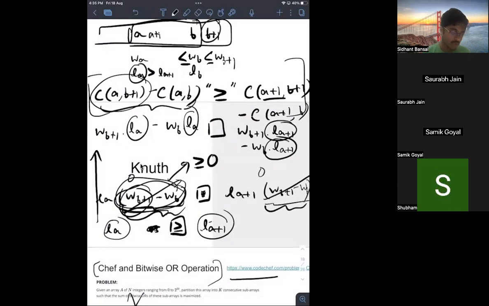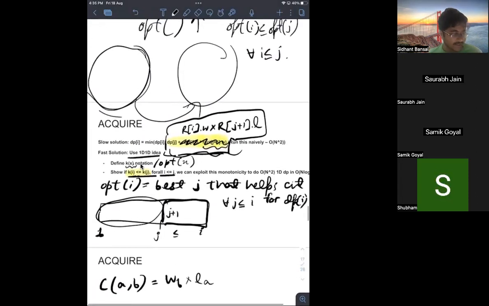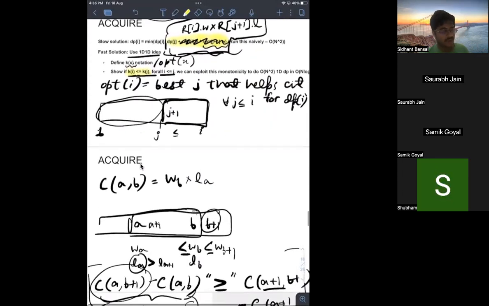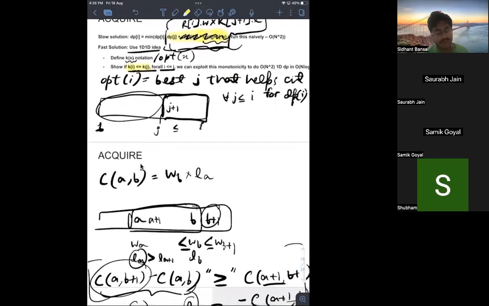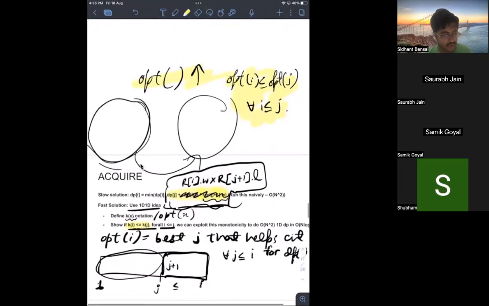So now once you've proven quadrangle to be true, you're kind of done in the sense you get the fact that opt is increasing for free. Otherwise, you could have thought about it intuitively also, whether my opt will be increasing or not as I increase my position.